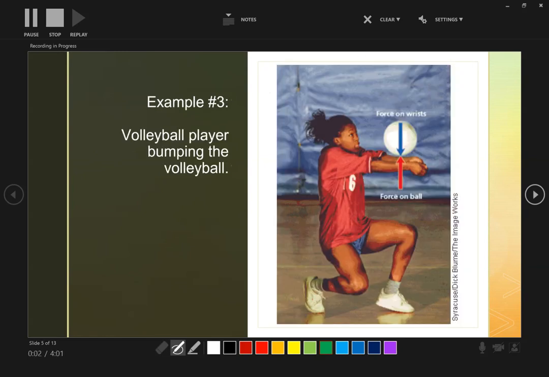Example number 3, a volleyball player bumping the volleyball. It doesn't matter which force you list as the action and which you list as the reaction, as long as you can correctly identify the two forces in each pair. So here, what do we want to call our action force? The ball hitting the player's wrists.